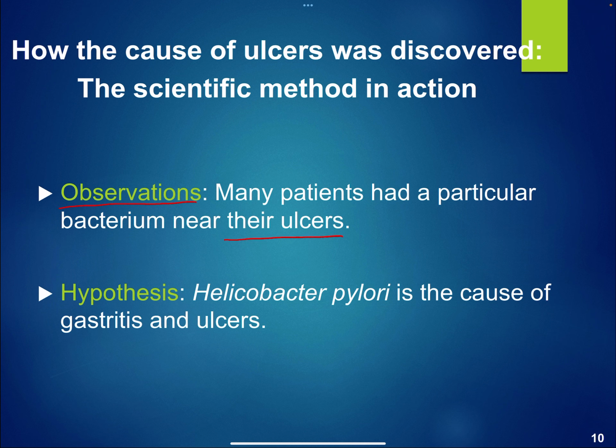So the scientist, actually he was an Australian, made a hypothesis that, well, it is possible that a bacterium called Helicobacter pylori is responsible for the production of stomach ulcer in humans.